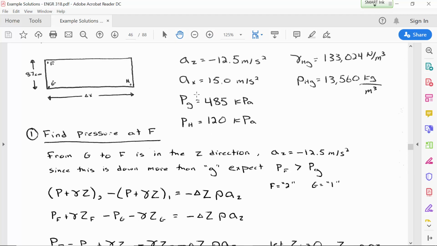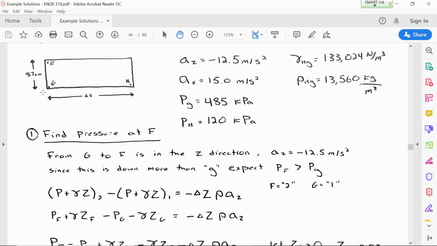Now, let me ask you a question. Why could we not go straight from F to H? We had to work from F to G in the vertical acceleration, and from G to H in the horizontal. But what if we were given the delta x?